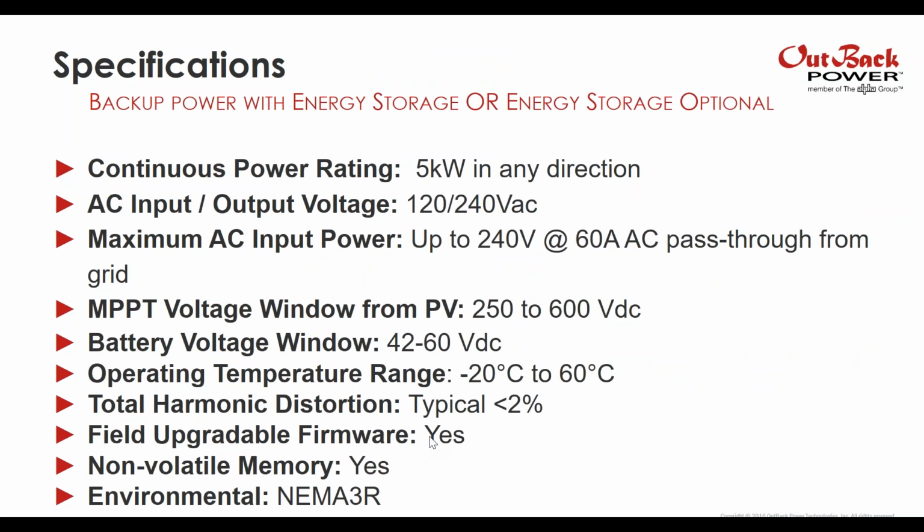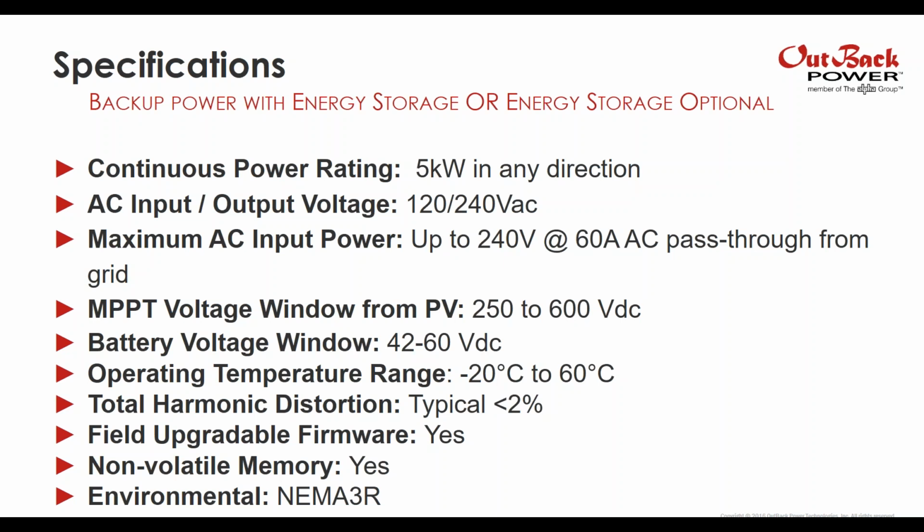SkyBox specifications. So again, it's 5 kW in any direction. It supports backup power with energy storage, or you can add energy storage as an option. 120 volt, 200 volt AC, and then up to 60 amp AC pass-through from the grid. So if you have high surge loads, that's where you'd get your additional surge capacity.